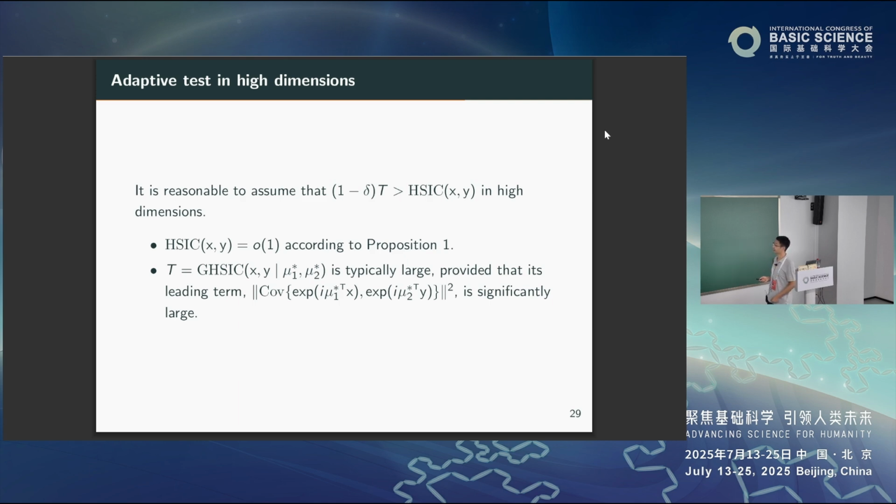And this one will, in general, be bigger. So this is greatly larger than the traditional HSIC, and hence this kind of inequality will hold true easily.